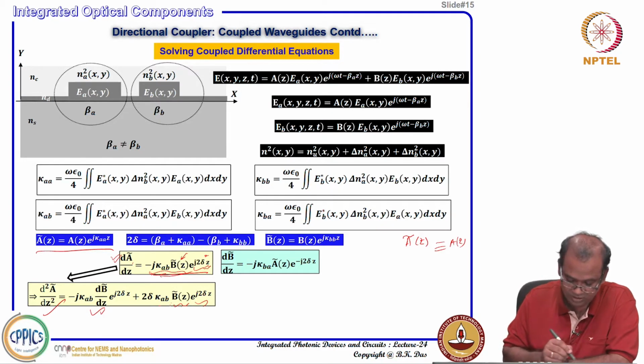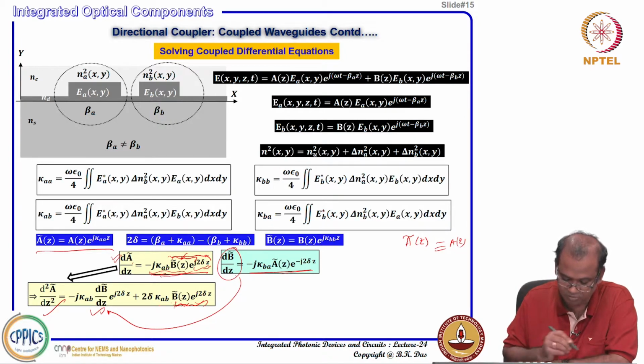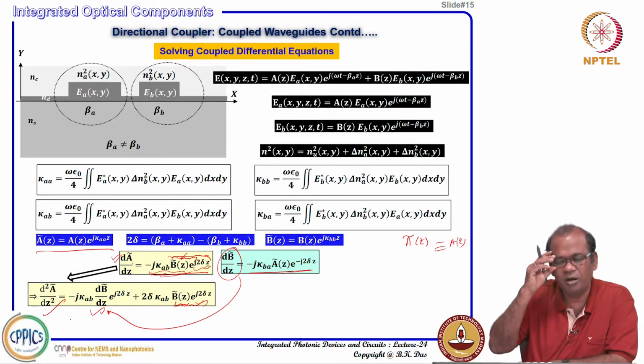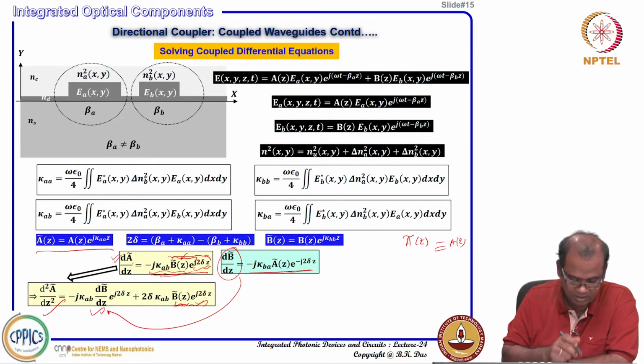Now, in this equation you see it is still coupled. You are getting the second derivative of a, but you have the first derivative of b and b is there. So, what we can do, I can take this one equal to this one, right hand side only a z, and b, this value I can get from here and I can put down here. Then what I will be getting, this equation will be completely independent of b, it will be only a tilde dependent.